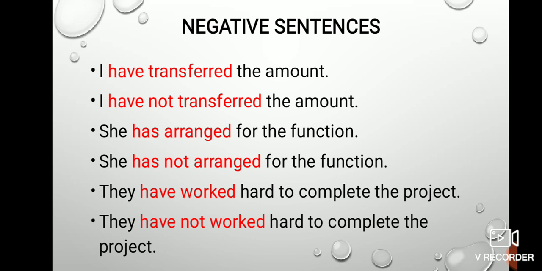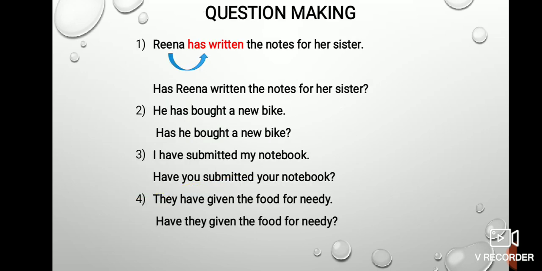They have worked hard to complete the project. They have not worked hard to complete the project. Just in between the have form verb and the main verb, use not. Check in between the have form verb and the main verb you are using not, then easily you can change the positive sentence into negative sentences, right?